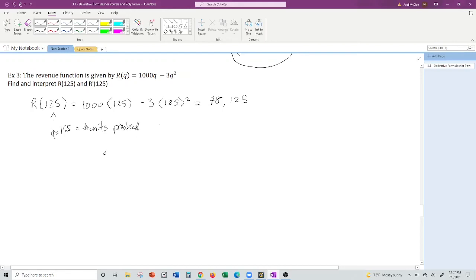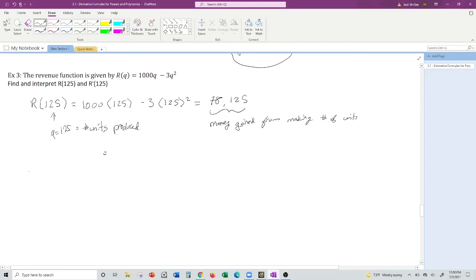Our revenue function is always going to be in dollars, and it's the amount of money that is gained from making this number of units.